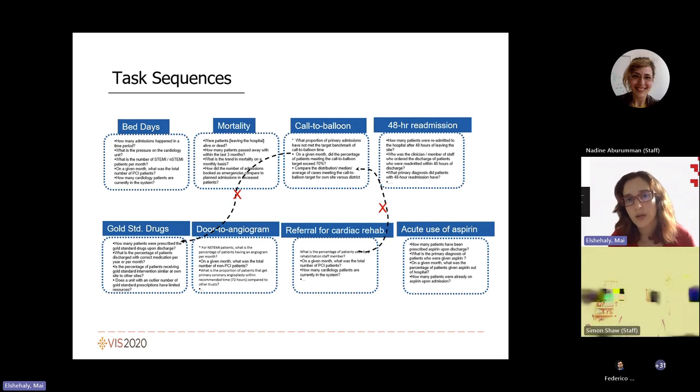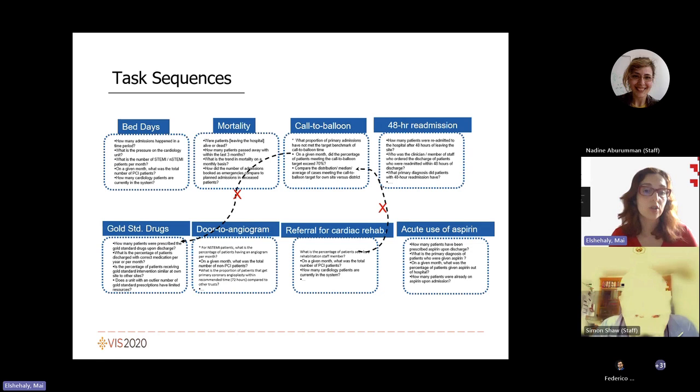The questions that people were asking within this context about the quality of the service being provided were completely different from the set of questions that people were asking when they were looking at things like gold standard drugs, whether or not somebody has been discharged from the hospital with a prescription of a gold standard drug.